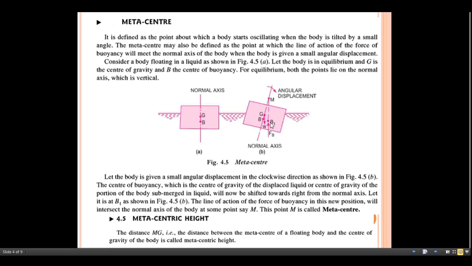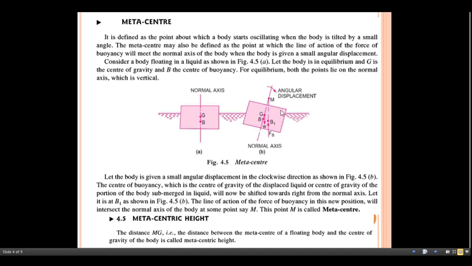Here B1, the line of force of buoyancy in this new position. This way you can get the line of action in the new position, which will intersect the normal axis of the body at some point, say M. This point M is called the metacenter.